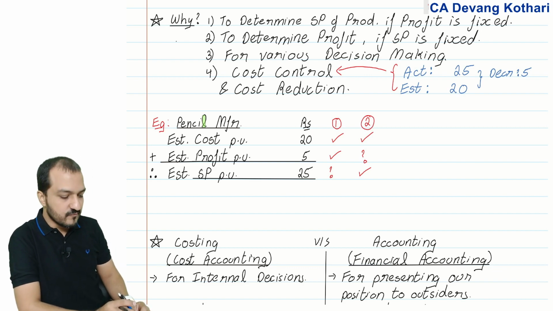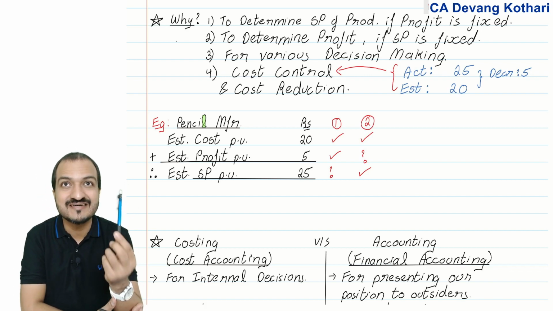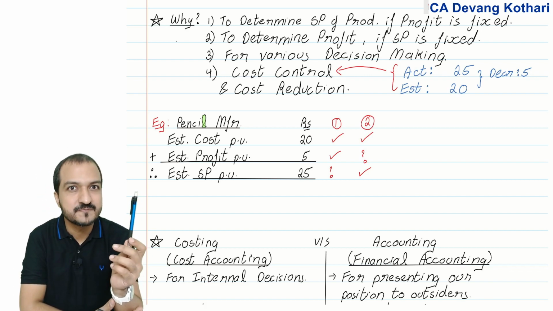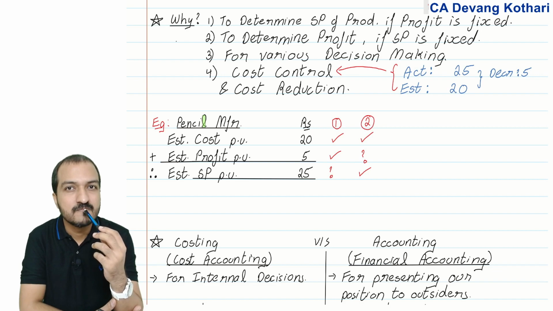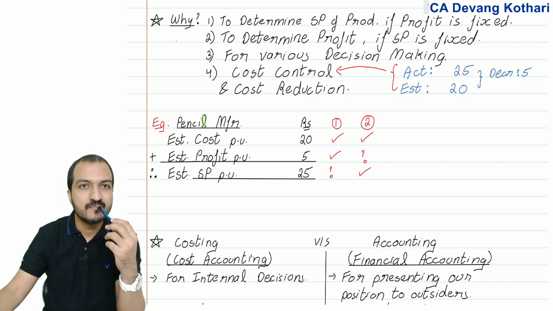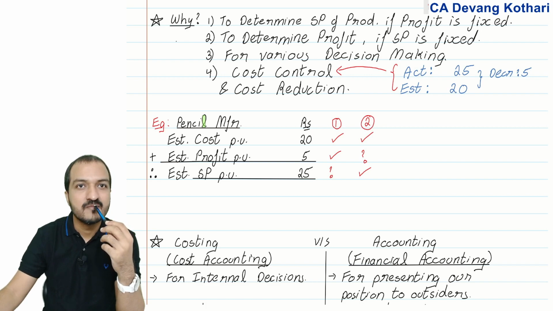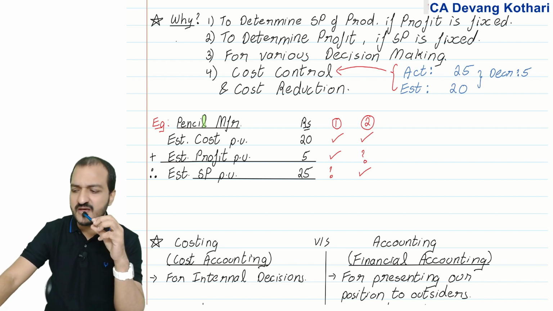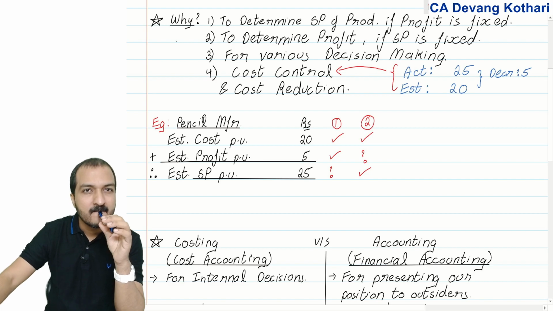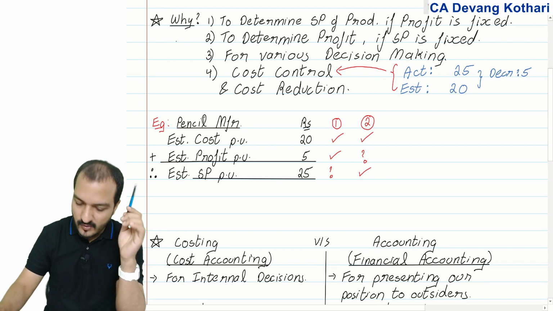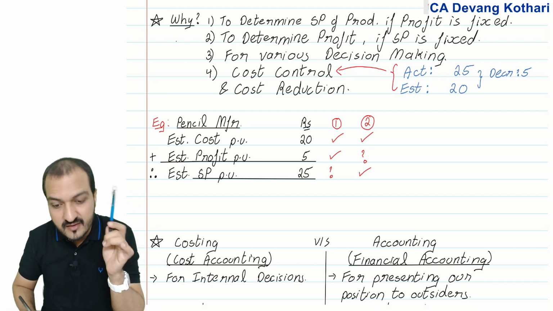What will happen if Mukesh Ambani starts selling these pencils under the brand name Jio Pencils? Demand decreases. Okay, let me tell you in detail what happens.